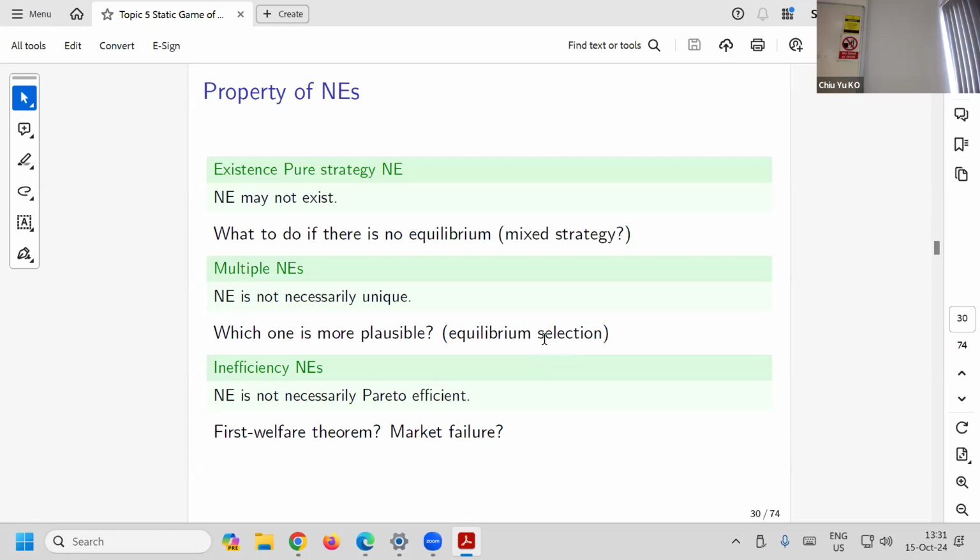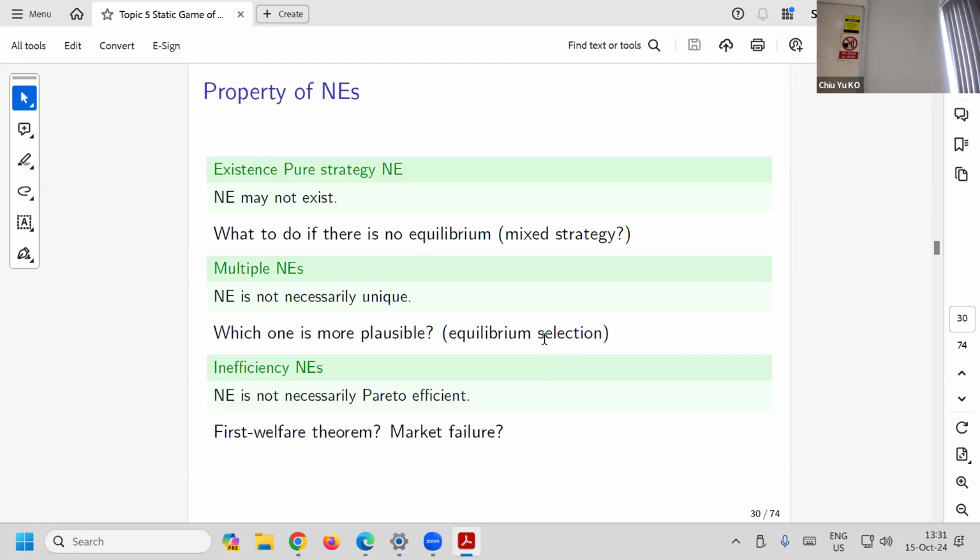The second is that when you have Nash equilibrium, you can have more than one. So it's not unique. When it's not unique, there are multiple equilibria. The problem is when you have more than one, which one to select. There are many ways to select, and we'll briefly mention those. We have to choose some of them, and then you have to propose some idea why you pick the particular one for analysis.